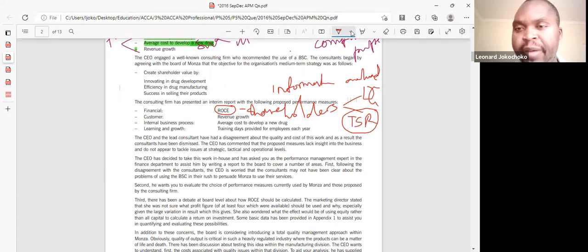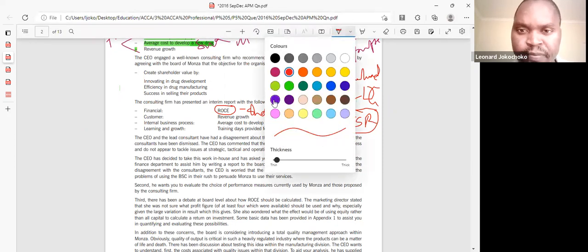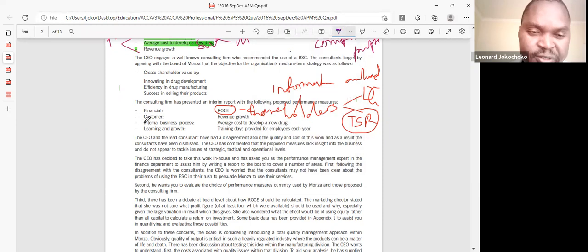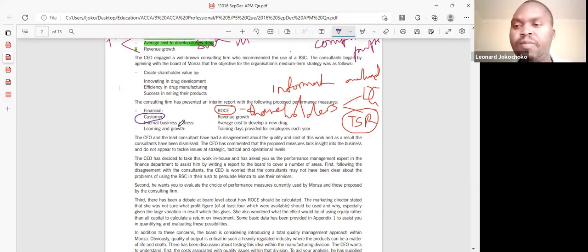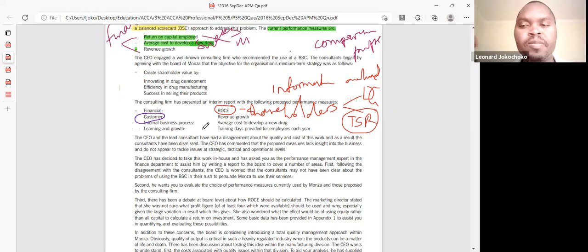I go to the second part. When we move to the second part, we are going to discuss the customer perspective. Under the customer perspective, this is how I'm writing my answer. Under the customer perspective, we want to measure how customers perceive the company.